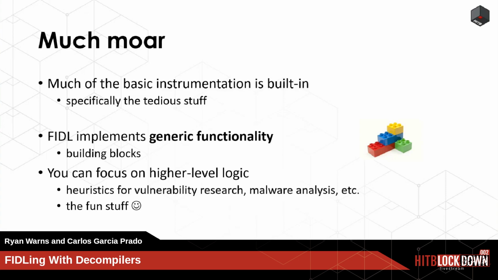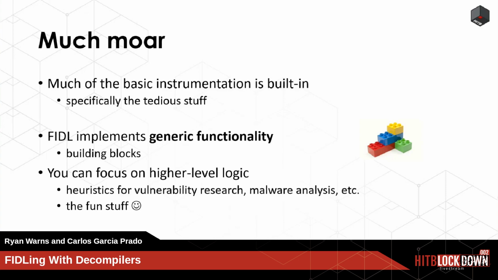So, the way we look at it, Fiddle is your generic functionality, your building blocks. Once you extract away all the tedious mechanics of walking the AST yourself, you can focus on the heuristics that you care about, whether that is something to do malware analysis, something to clean up a binary, or something to track objects, whatever it happens to be. We've carved off a big chunk of the work you would normally have to do to wrangle the decompiler to give you the information you want.